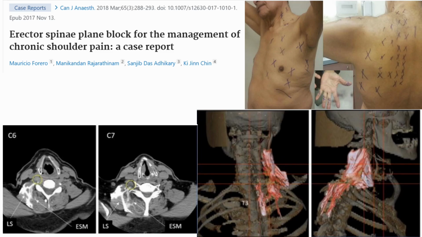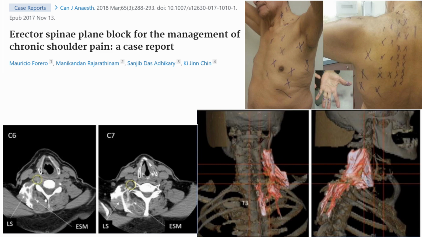First, we will look at cervical ESP block or high thoracic ESP block, which is conventionally performed at the level of T2. The original concept that the erector spinae plane block could work at the cervical levels came from the observations of Forero et al., where they injected local anesthetic at the level of T3 for a patient with chronic shoulder pain from rotator cuff injury.